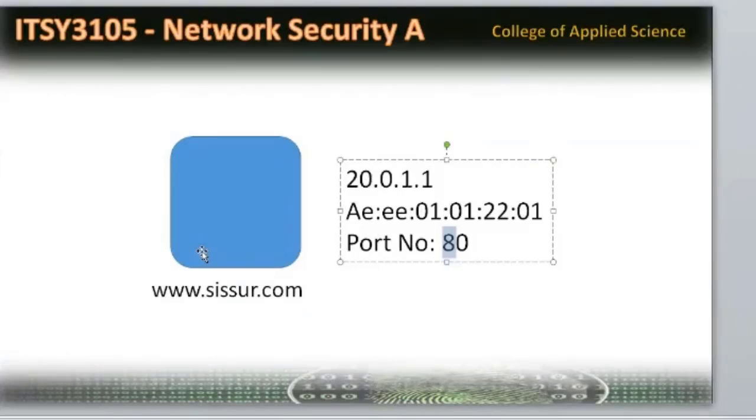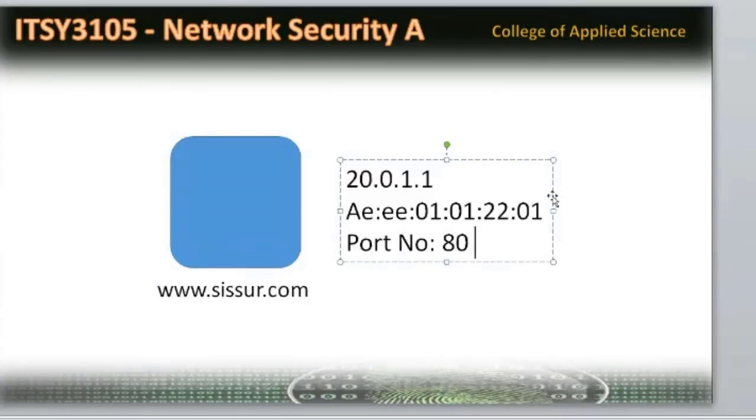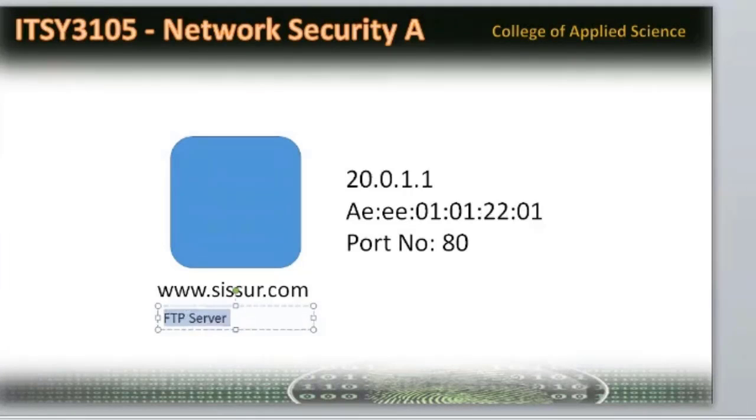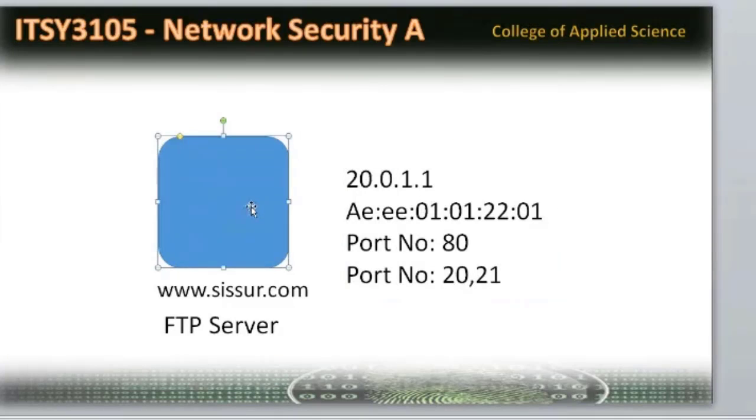Here this machine is a web server, an HTTP server, so I fix the port number as 80. Suppose this machine is an FTP server to transfer files for the students. For a file transfer server, the port number is going to be 2021. You can have either 20 or 21, with some different meaning. So based on what type of service is running in this machine, you have to fix the port numbers.